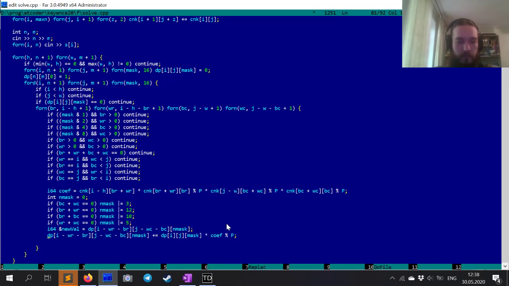So to this value we add things, and then we need to take it modulo p. I think that's how it works.